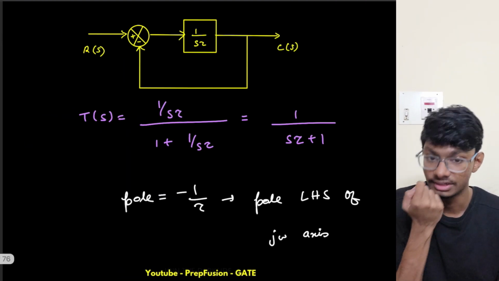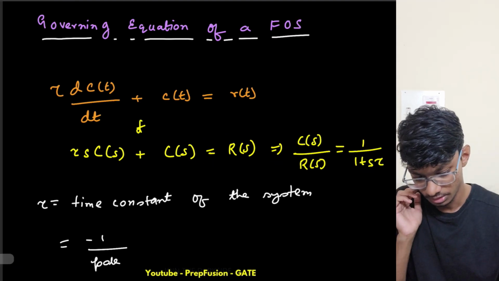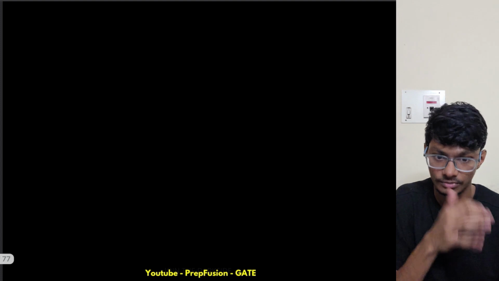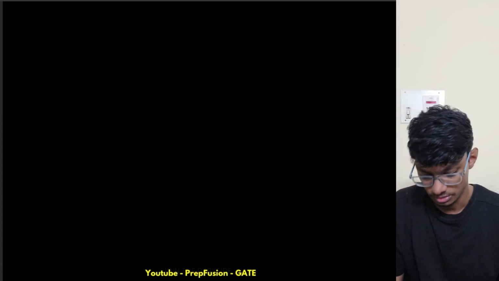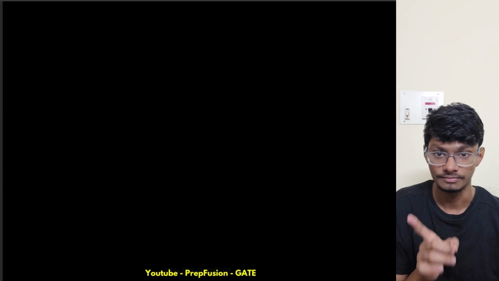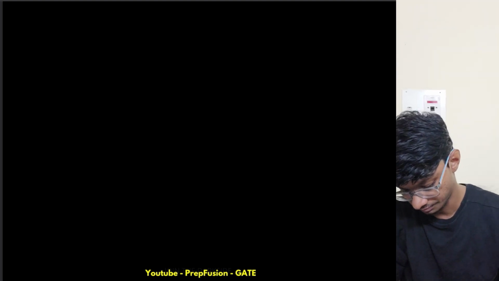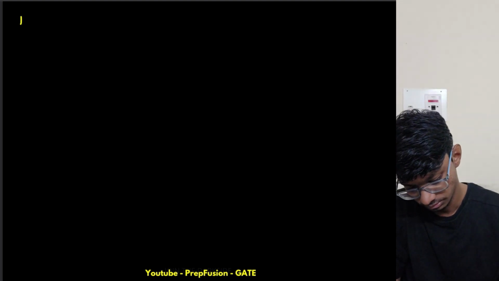So I will write the definition of time constant here only. But when we find the unit step response, there we'll see. So another definition of time constant, this is only valid for a first order system and when the input given is a unit step, right? Only valid for that. This may be asked in some theoretical question or something, that's why.